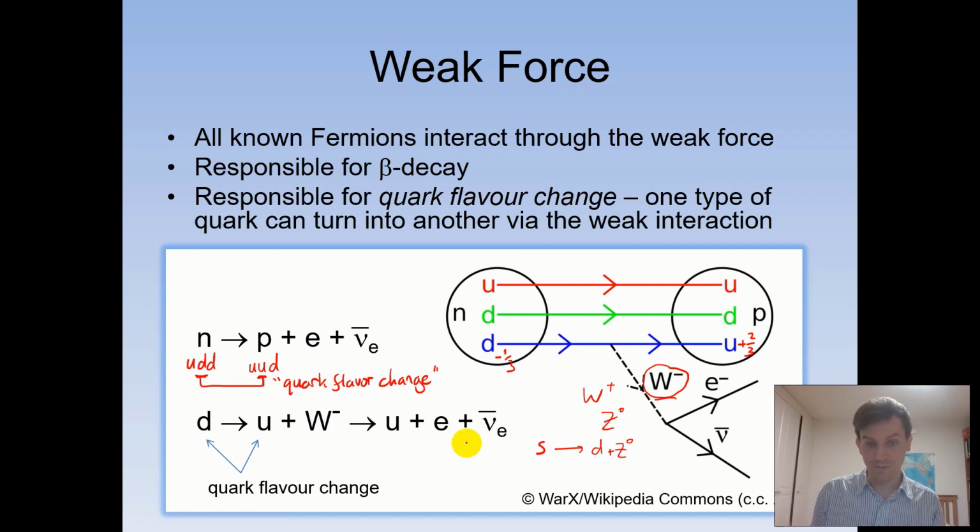Or you could have an up quark turning into a down quark, and in this case, to conserve charge, you would create a W+ boson. So this is what the weak force looks like, and like I said, this is the only way we know that one flavor of quark can turn into another flavor of quark.